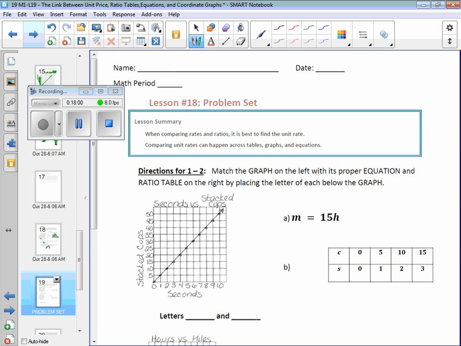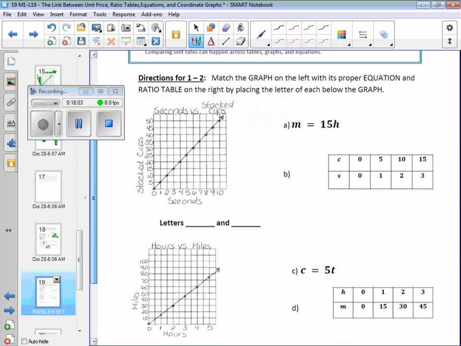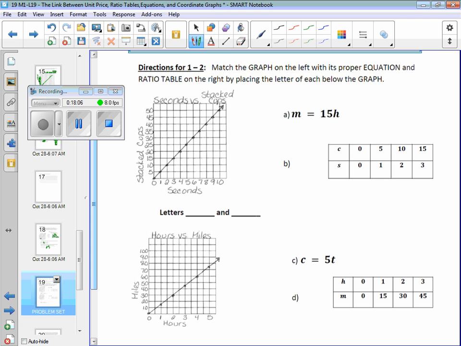All right, this first page, you have to match the coordinate plane to its corresponding equation and table. Luckily, again, you have a perfect lineup for 1 second, 5 cups. So let's do the table first. Which table is showing 5 cups per second?